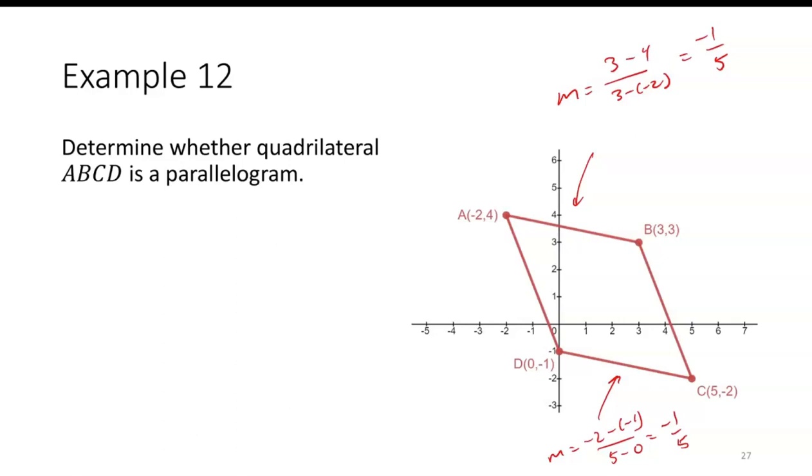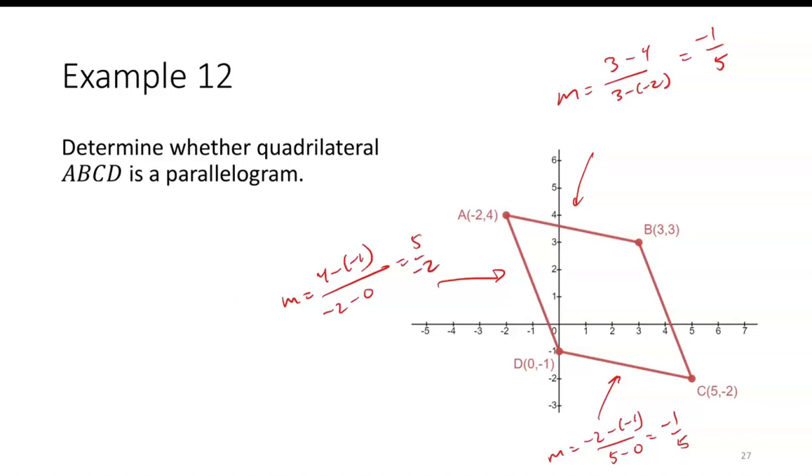Now let's see about the left and right sides. For the left side, the slope is 4 minus negative 1, and I divide by negative 2 minus 0. So this would be 5 over negative 2.